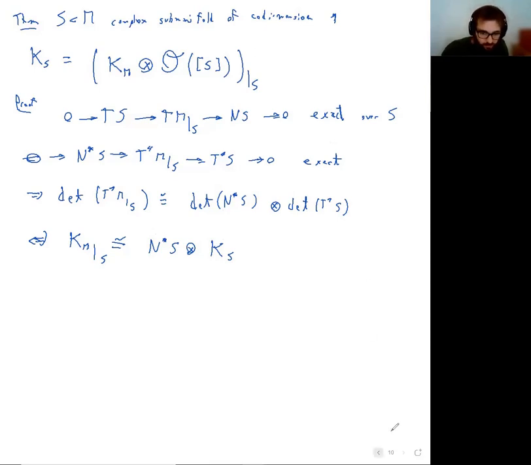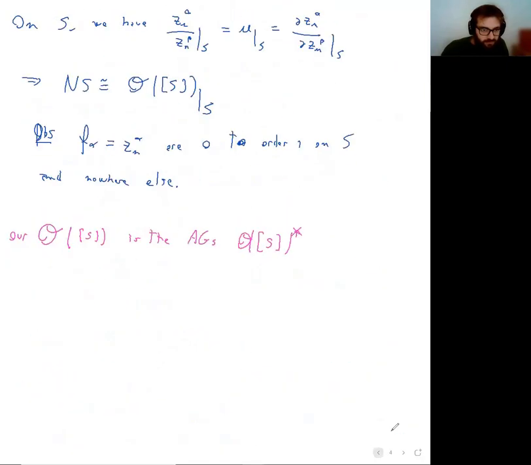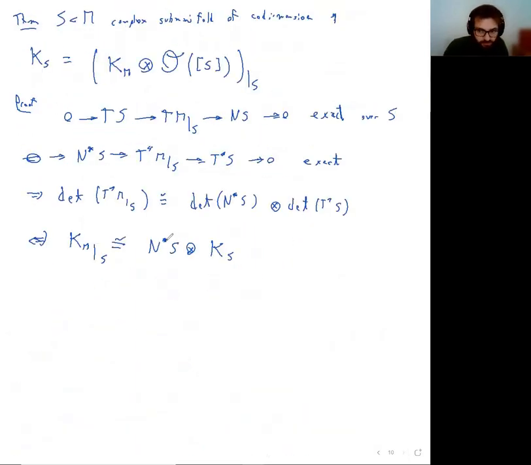But if you remember from what we did a few hours ago, there you go: the normal bundle to S is this O_S restricted to S. So, going back, not the dual. So we multiply.